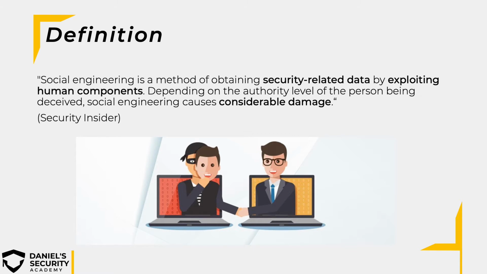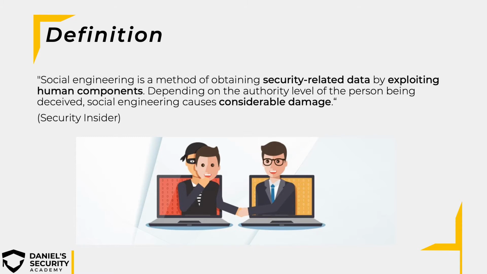You want to have security related data, or confidential data, in other words, and you exploit human components. You do not use any viruses, you don't need any Trojan horse. You exploit the human being, and depending on what you're trying to achieve, you can do considerable damage to the victim.